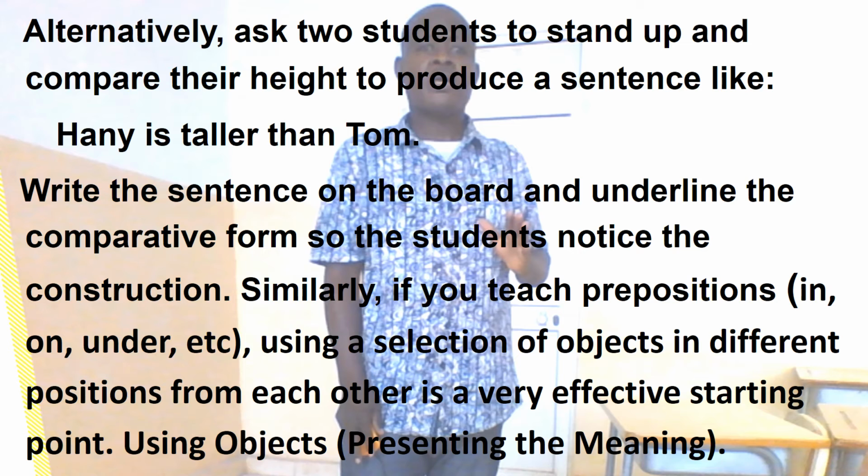Alternatively, ask two students to stand up and compare their height to produce a sentence like Honey is taller than Tom. Write the sentence on the board and underline the comparative form so the students notice the construction. Similarly, if you teach prepositions in, on, under, next to, etc., use a selection of objects in different positions from each other as a very effective starting point.